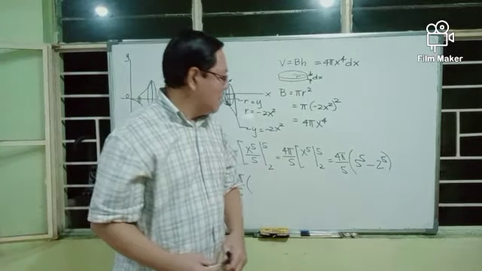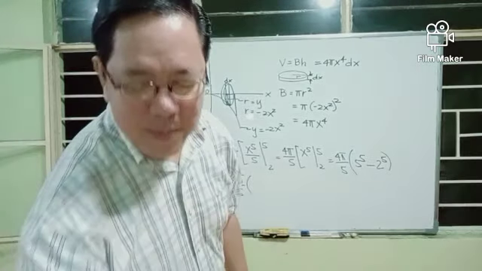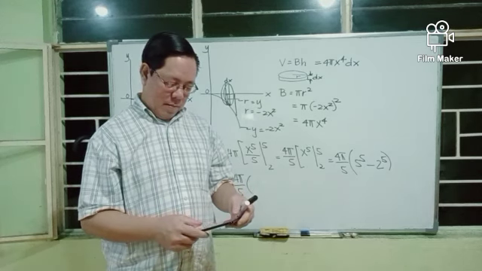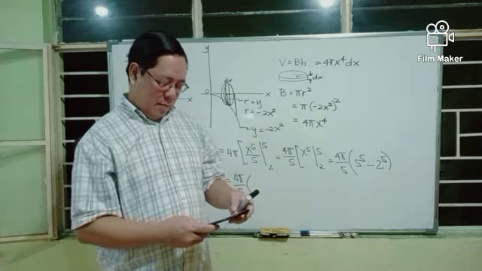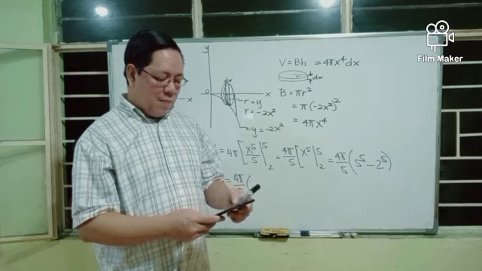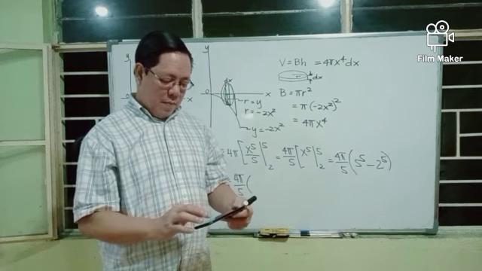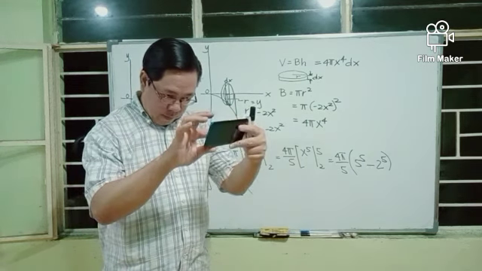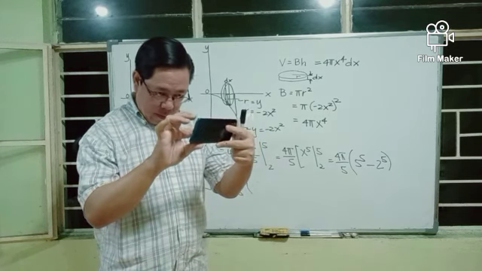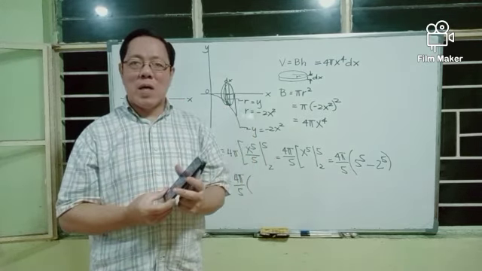And we calculate 5 to the power 5 using our calculator. 5 to the power 5 is 3,125.